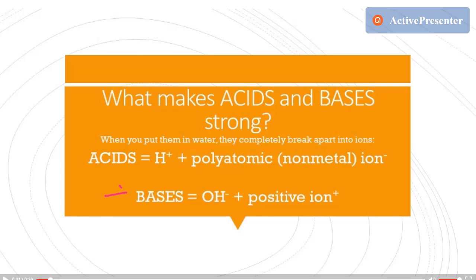Now, bases are going to do the same thing. Let's take the base lithium hydroxide. Lithium is its own element, and then there is hydroxide, which is an ion, which is negative.